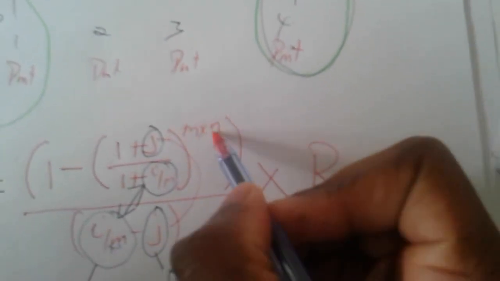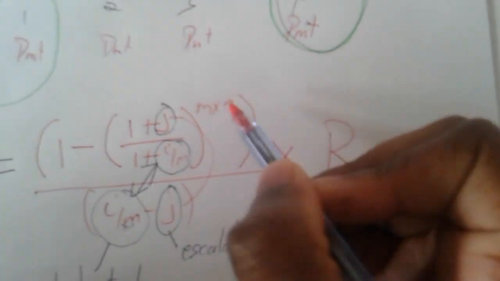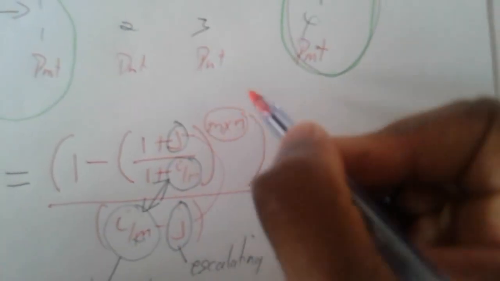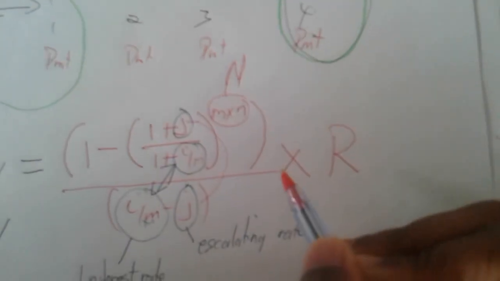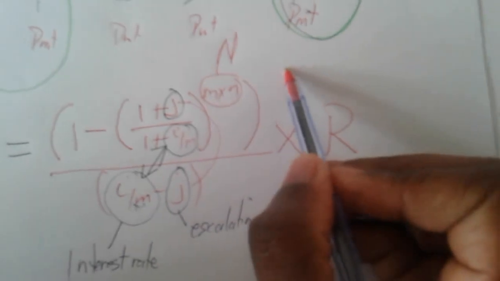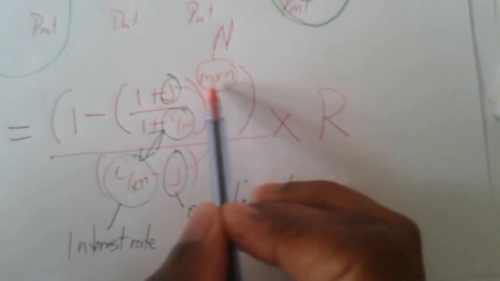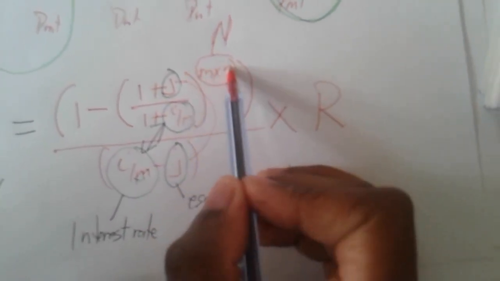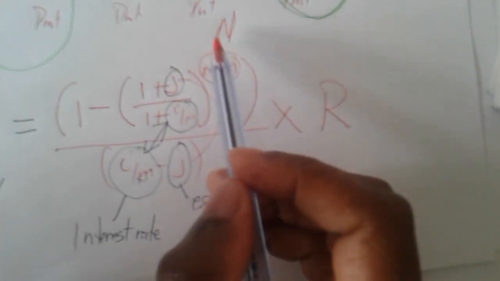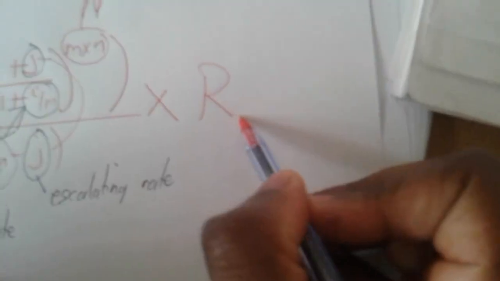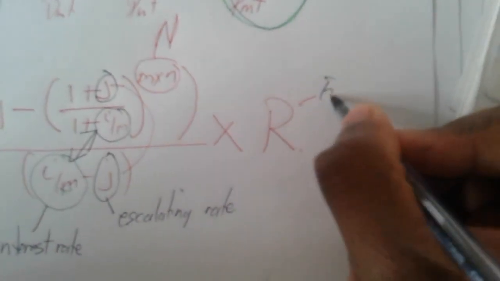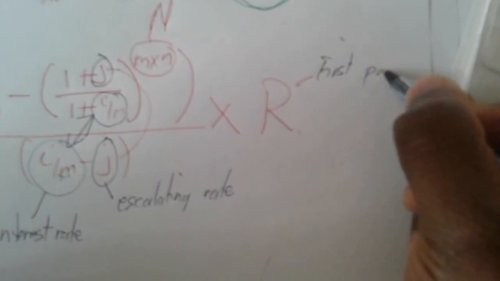Now the small m times small n, remember this is the same as the big N, which is the number of payments. So whenever you are dealing with a question, ask yourself how many payments there are. That's your N. So don't worry about putting it in this form. As long as you know that it's 20, you just put your 20 there. Then your R is your first payment.